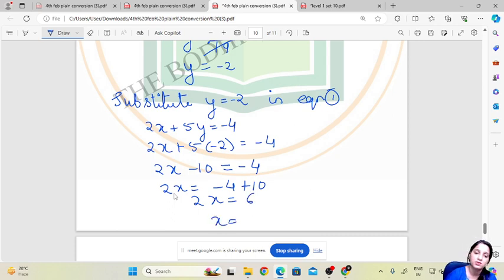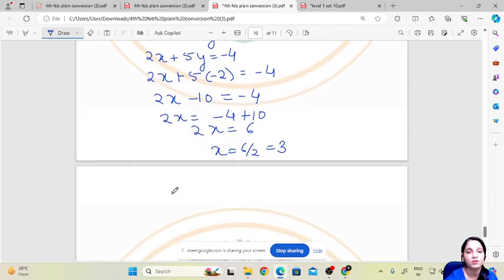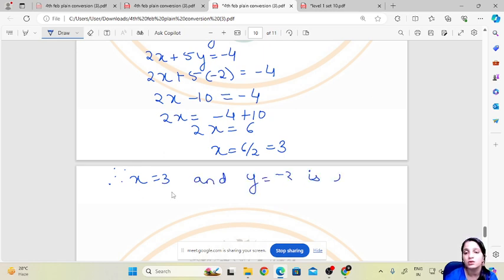So x equal to 6 upon 2, which is 3. Okay, so therefore x equal to 3 and y is equal to minus 2 is the solution of the equation.